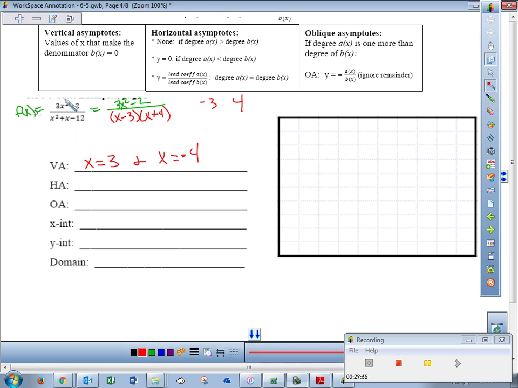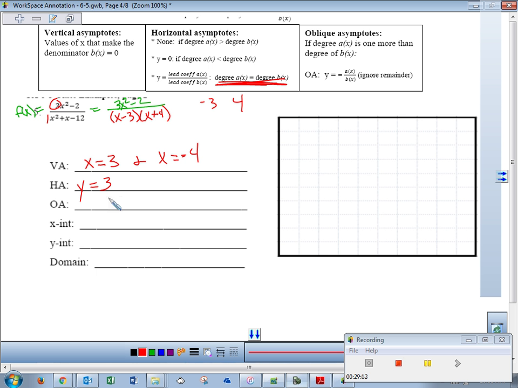Cool? Horizontal asymptote. Let's do the list. Degree of my numerator is 2. Degree of my denominator is 2. Those are the same. That's where this comes in. The degrees are the same. Just take your leading coefficients and write them as a fraction. The leading coefficient of the numerator is 3 over 1. So it will be at y equals 3 over 1, which we just usually call 3.